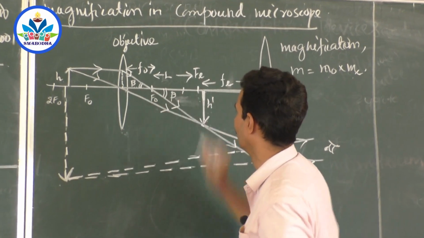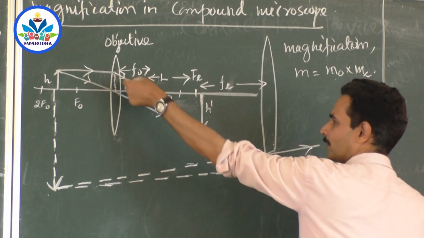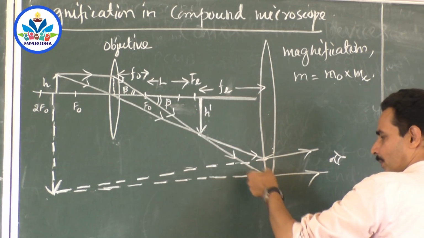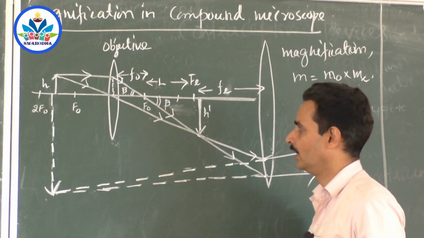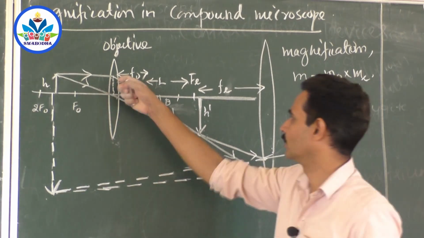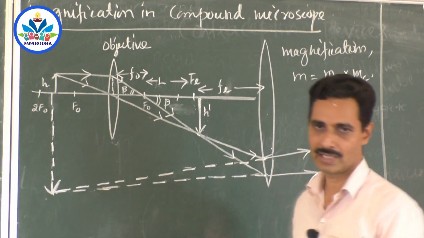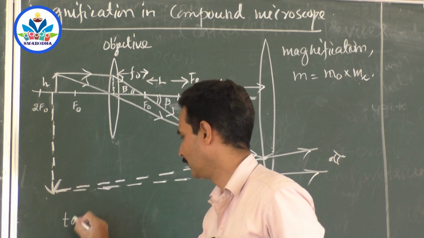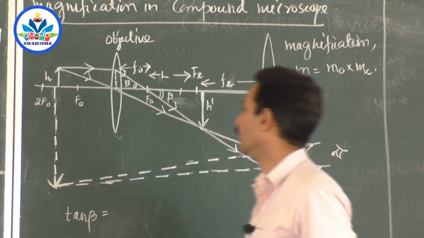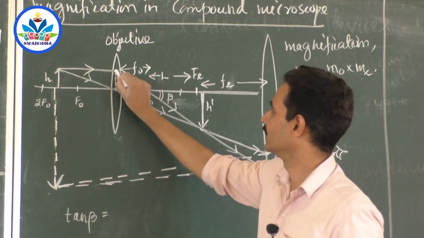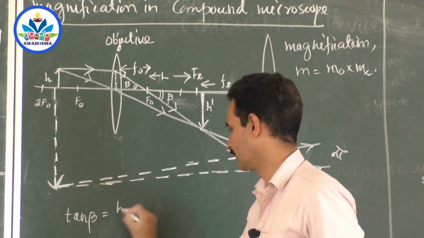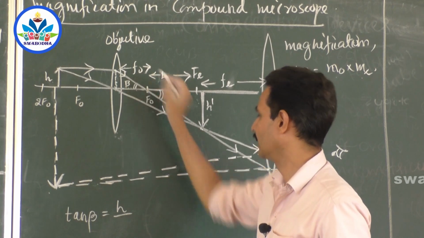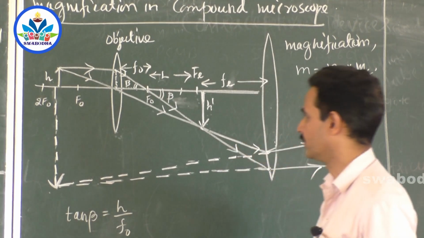Why? It is a vertically opposite angle, because this ray, once it passes to the focus, doesn't deviate, it passes in the same direction. That means it doesn't bend. So these two are straight lines, these are vertically opposite angles. Now take tan beta from this triangle. What is tan beta? Tan beta is equal to opposite side, which is h, by adjacent side, which is focus of objective.